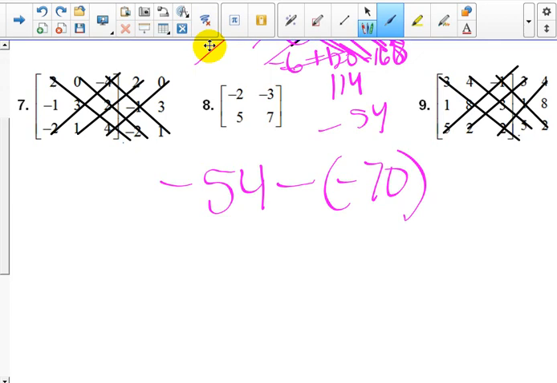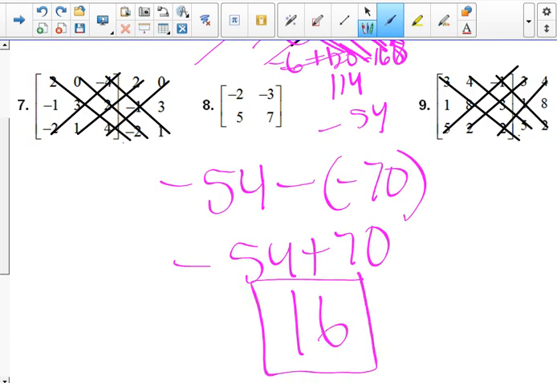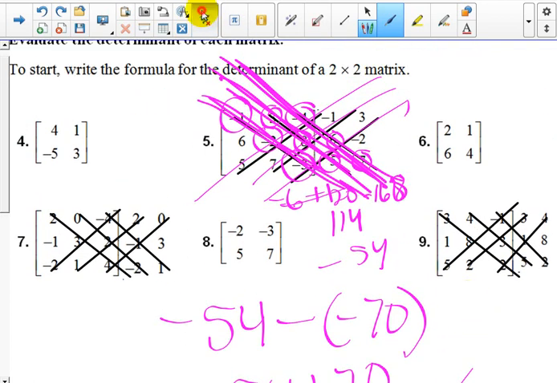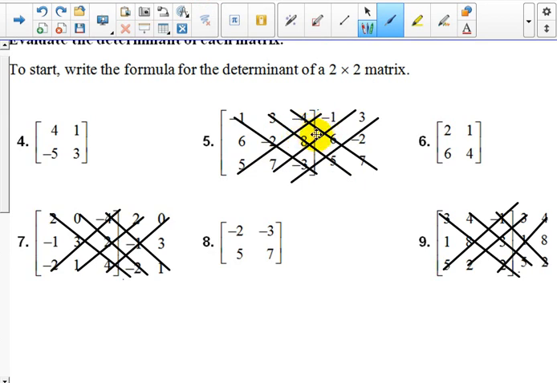Now, that comes out to negative 54 plus 70, which comes out to a positive 16. Now, let me show you the easy way. So, plug this into your calculator, just the 3 by 3 matrix. Okay, and I'm going to go to matrix A.